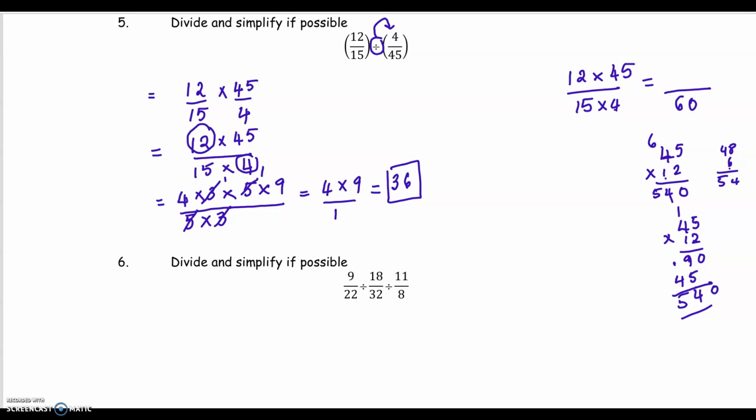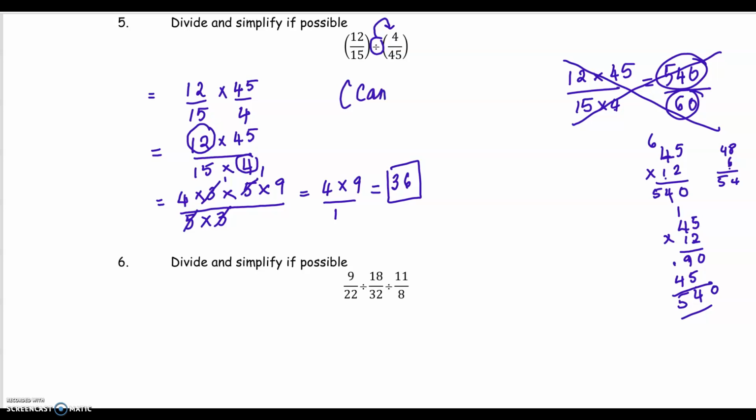Now, do you see how big these numbers have become? Sometimes you may be able to cancel the zeros, but not all the time are the numbers that easy to work with. So we do not want the numbers to become big. So do not multiply the numbers. Cancel common factors first. Always remember this.